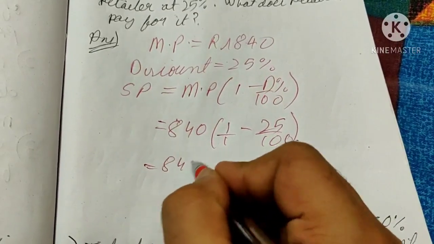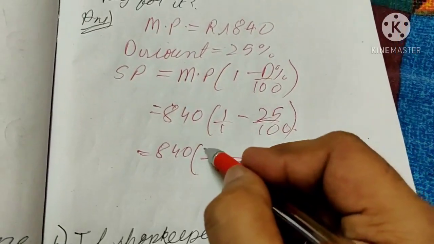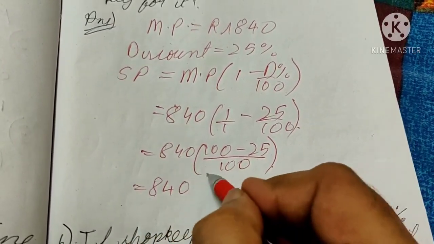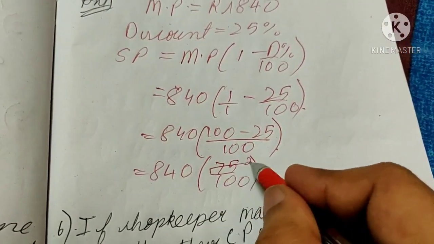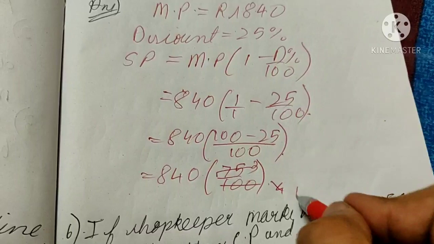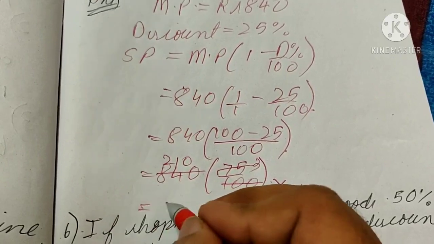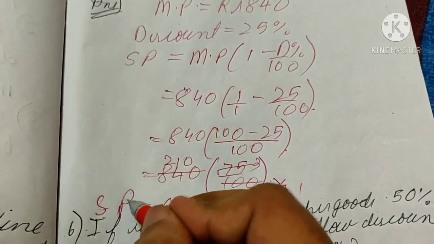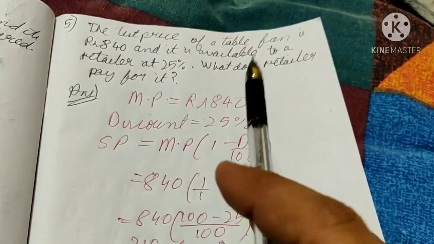Taking 100 as the LCM, 100 minus 25, 840 into 75 upon 100. 4s are 4, 1s are 21, 21 into 3 is 63, so 630 rupees. So this is the SP, the answer in this question. The retailer will pay 630 for the table fan.